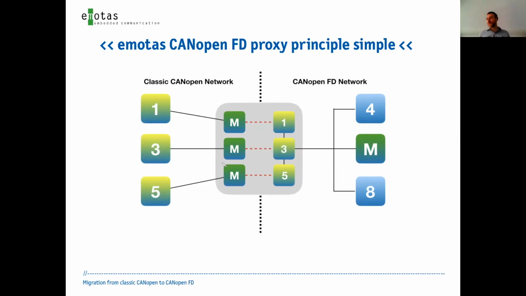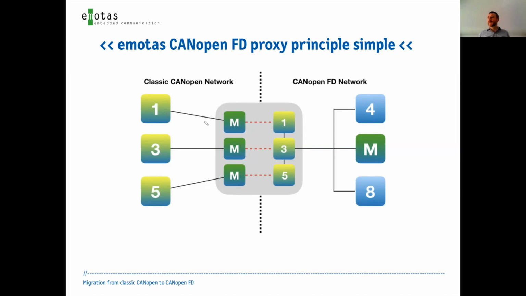Maybe this gray box here shall be the gateway, and this is the CANopen FD network. We have one manager here, and this software emulates 3 CANopen FD devices and has, in this example, 3 CAN ports, and it acts as a manager for classical CANopen devices.